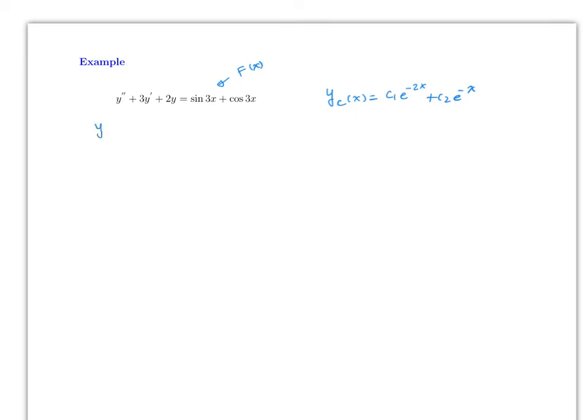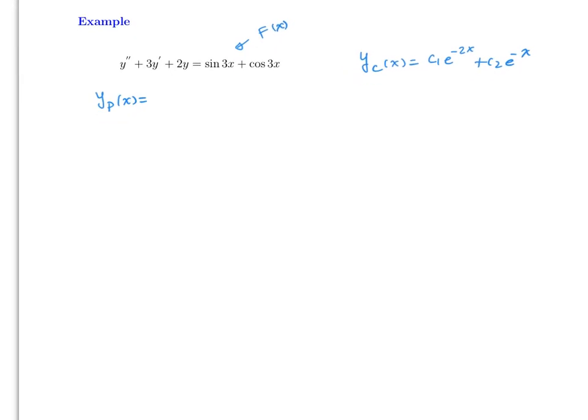Now the particular solution is going to look like this. It's going to be a sine 3t plus b cosine 3t. Okay. And like I told you before, just take the derivatives.